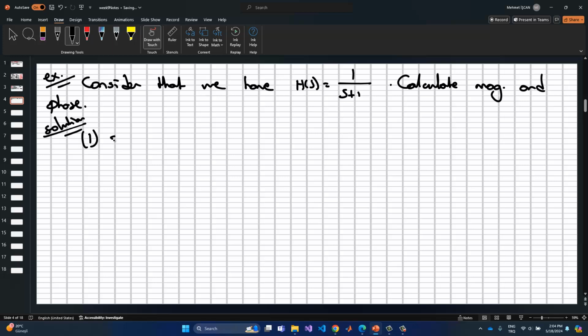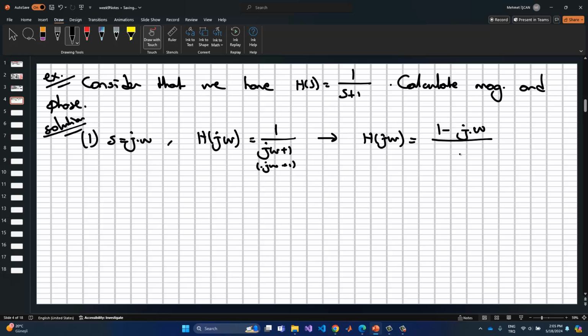First of all, we should assign s equal to j·w. Okay, and with this information, H(jw) is rewritten as 1 over jw plus 1, and in the complex conjugate form we need to multiply by minus jw plus 1, so we have 1 minus jw divided by 1 plus w square.